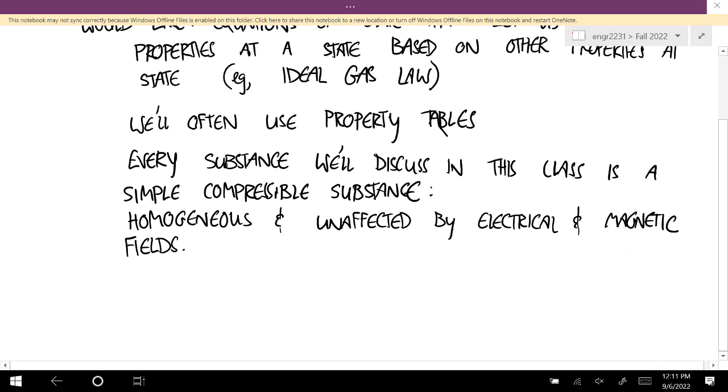Okay, now this is a really important fact about simple compressible substances.